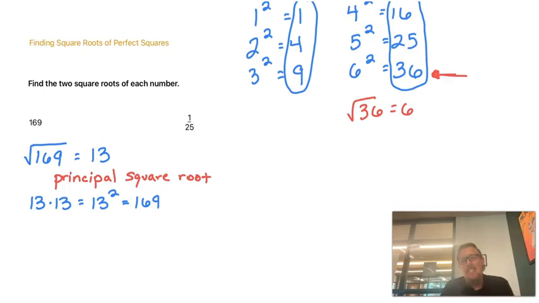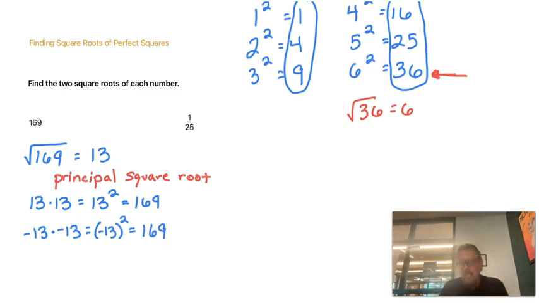But negative 13 is also a possible root of 169. Negative 13 times negative 13 is a negative times a negative, and a negative times a negative is a positive. So negative 13 times negative 13 is positive 169. It's the same thing as negative 13 squared in parentheses, and that is 169.